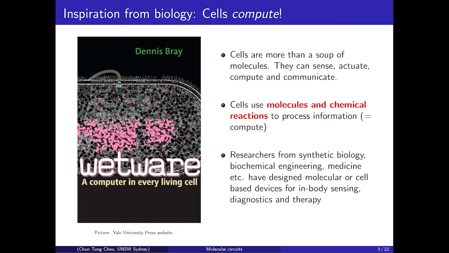We can see a lot of molecules, but the author wants us to see beyond the molecules and think about the cells as an information processing engine. So how do cells process information? They use molecules and chemical reactions. In a cell, the chemistry is not only to make molecules, but also to process information. And that is the theme of this book.